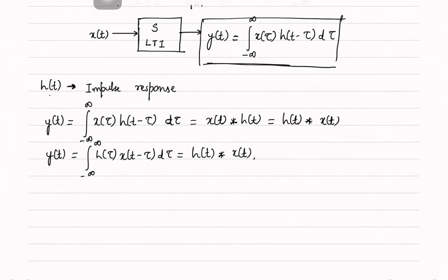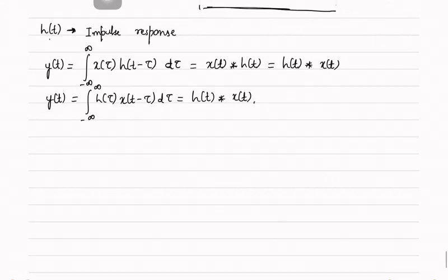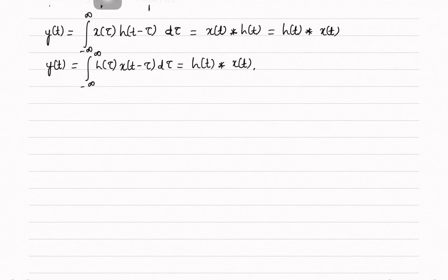Now I'm going to use this relation and show the significance of complex exponentials in our signal analysis, in our linear system analysis. Suppose my x of t was equal to e power s t, and I want to find out what my output y of t is.